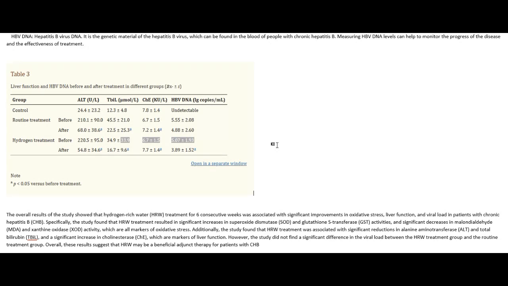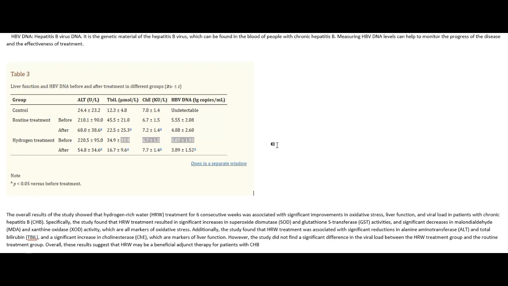Specifically, the study found that hydrogen-rich water treatment resulted in a significant increase in superoxide dismutase, or SOD, and glutathione S-transferase, or GST, activities, and significant decreases in malondialdehyde, or MDA, and xanthine oxidase, or XOD, activity, which are all markers of oxidative stress.